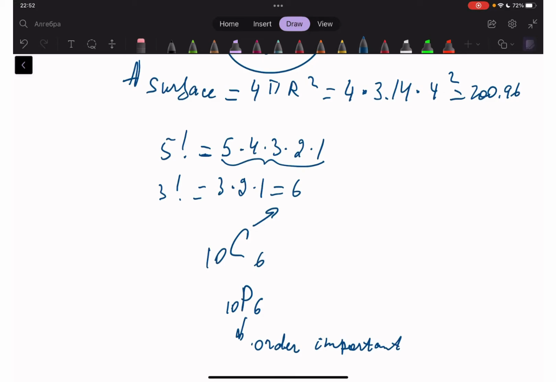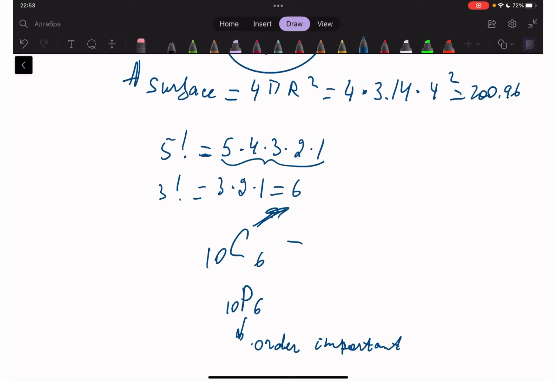First, second, third. In the case of combination, order is not important. Let's say you have to choose out of 100 people a delegation of 12 people. Which one is chosen first or last doesn't matter, right? So that's the difference.